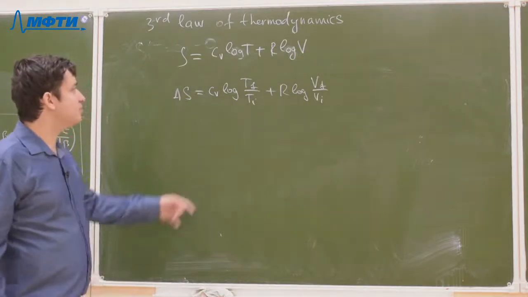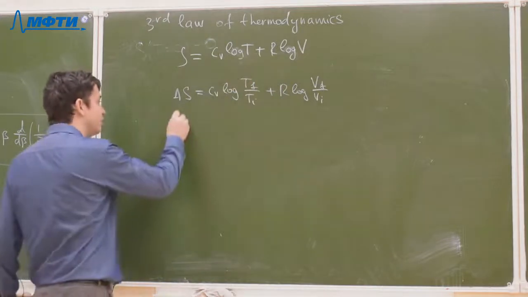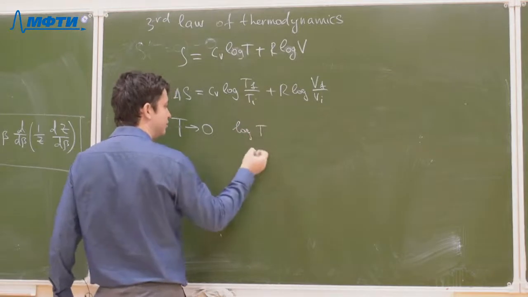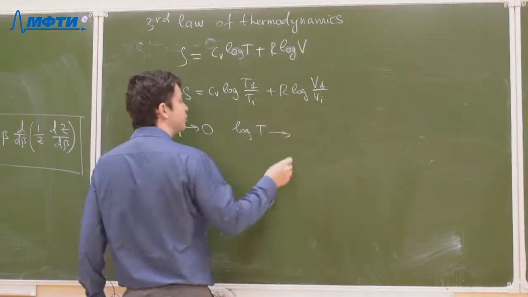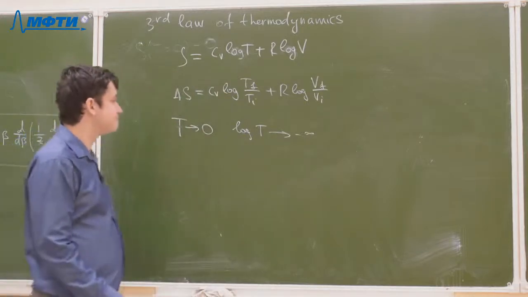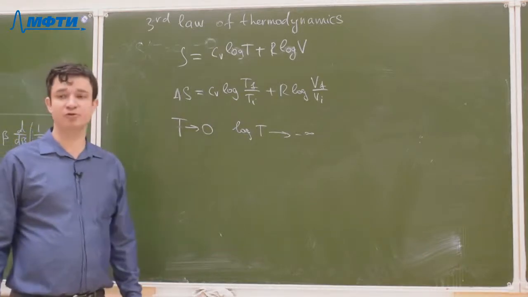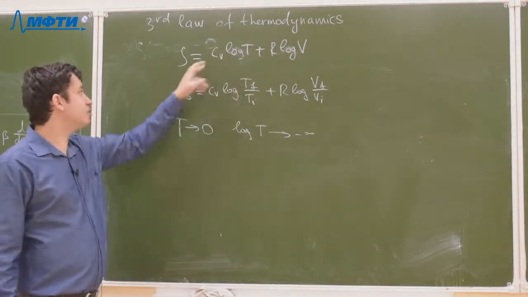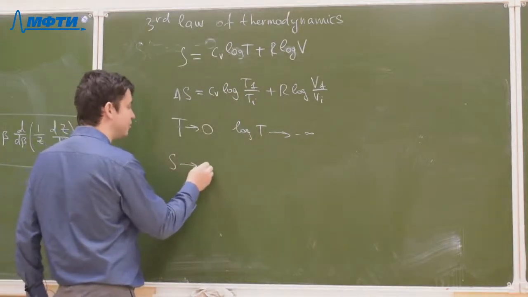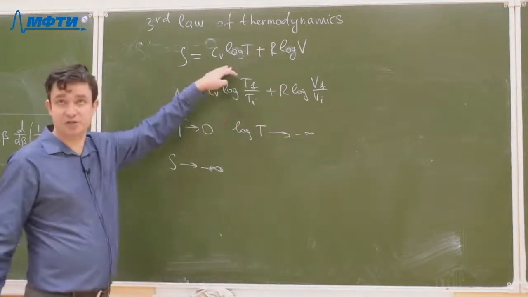But what happens when we go to the limit of temperature approaching 0 in this expression? When temperature approaches 0, the log T, as you know, would approach minus infinity. And that's a problem. That means that when we take temperature approaching 0, entropy goes to minus infinity according to this expression.